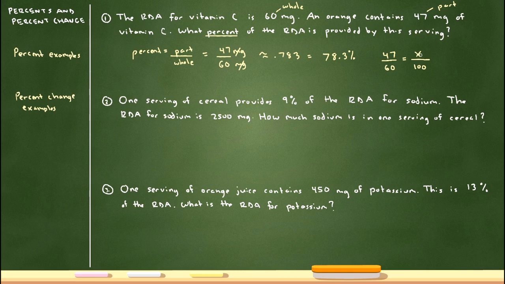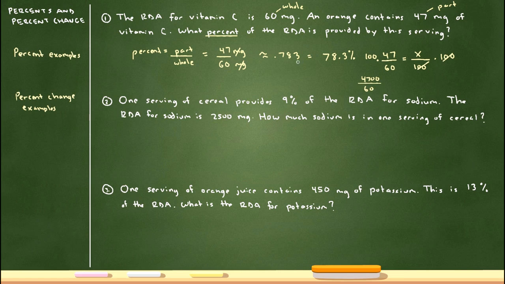So in order to solve this for X, we would see that first we would do 47 divided by 60, and we would get this number here, 0.783. And then if we multiply by 100 on both sides, let's see what we get here. We get 4,700 divided by 60.